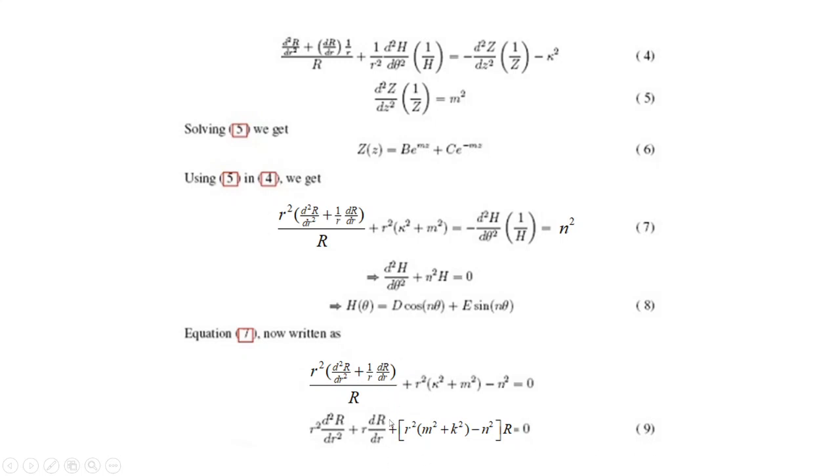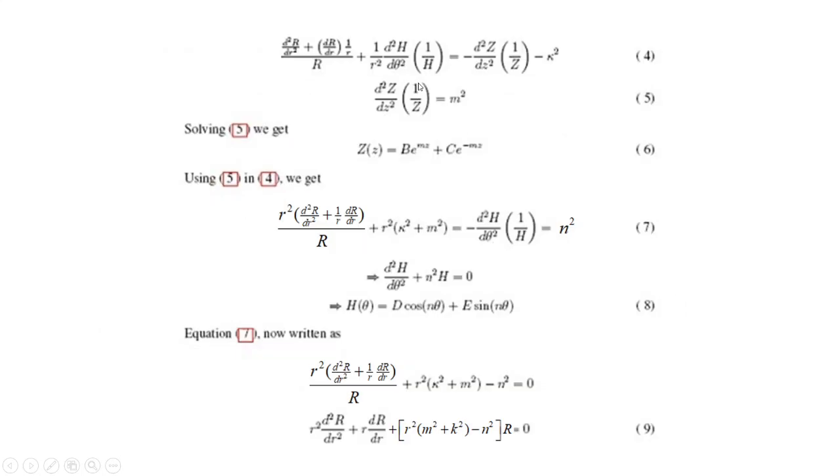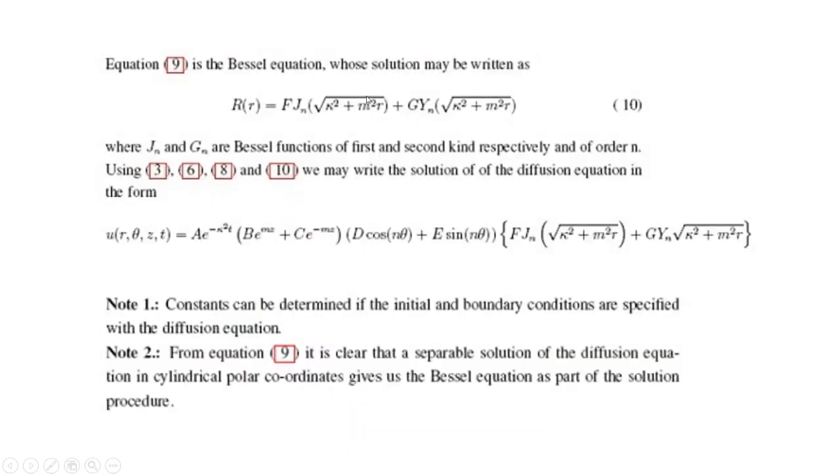You can see that this equation is nothing but a Bessel's equation. Equation 9 is the Bessel's equation, and the solution may be written as R of r is equal to f J n of r plus g Y n of r, where f and g are constants.